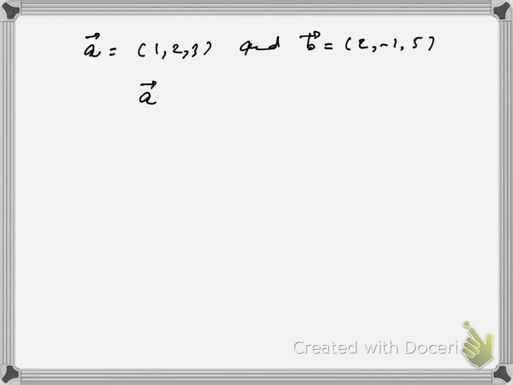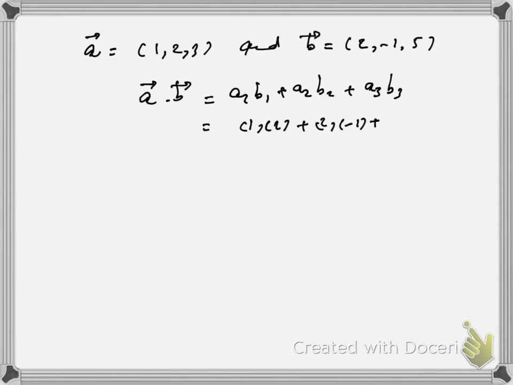A dot B is equal to a1 b1 plus a2 b2 plus a3 b3. It is equal to 1 into 2 plus 2 into minus 1 plus 3 into 5. It becomes 2 minus 2 plus 15. The result will be 15 units.